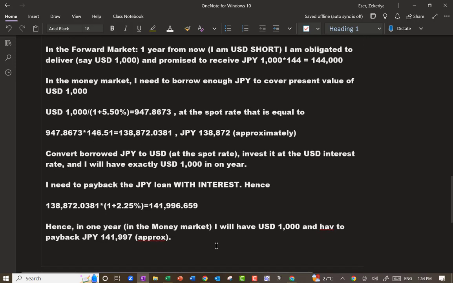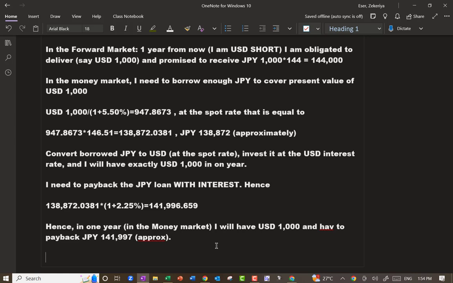Okay, now let's compare that to our obligations in the forward market. What's my obligation in the forward market? What do I need to do? It's already on the screen. Remember, I am short dollars in the forward market. So when you short something, you're obligated to pay that.